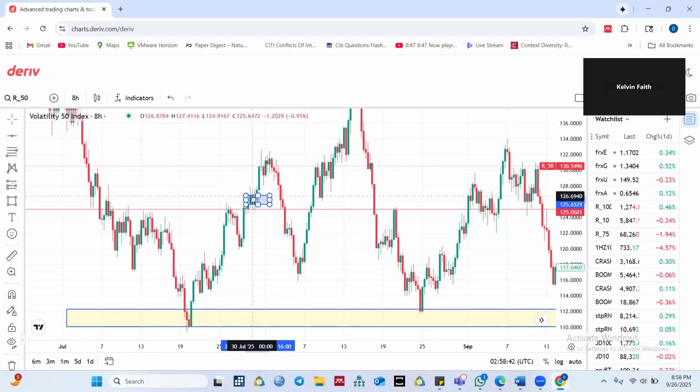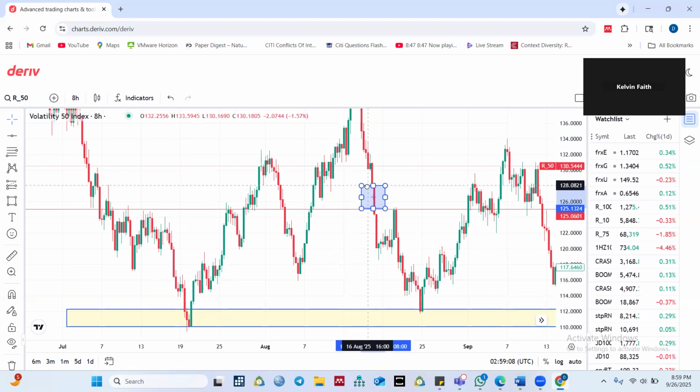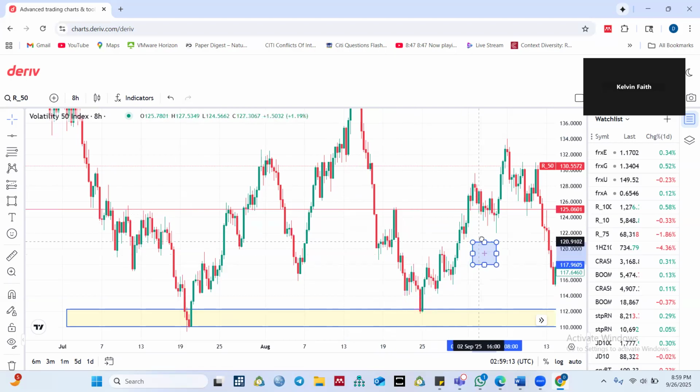It moved above it, retested the same red line, and then bought. It came below it, as we saw a bearish engulfing or a big bearish candle closing below it, and it continued to sell. When it went above, a big bullish candle closing above it, it bought, retested, and then bought. Big bearish candle closing below it, it retested and sold.